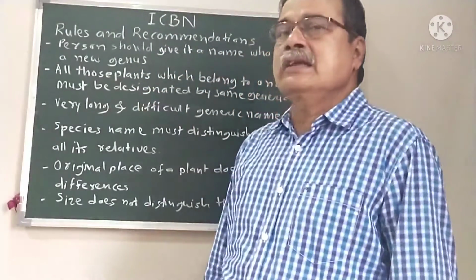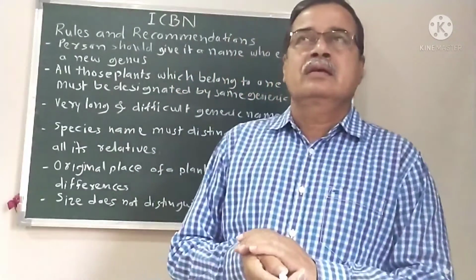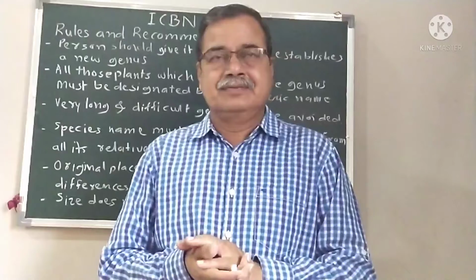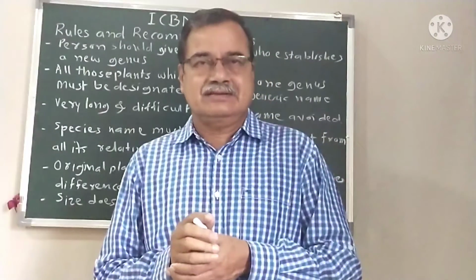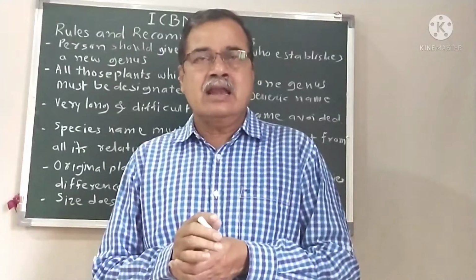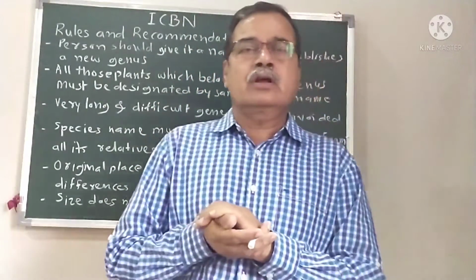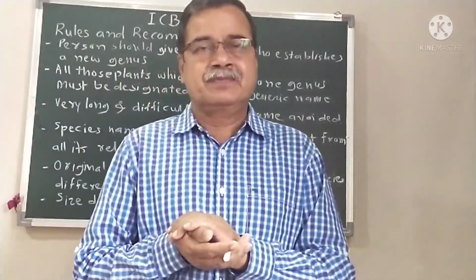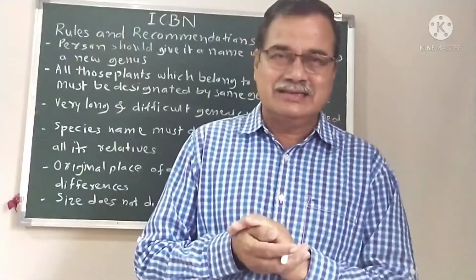In the initial stage, the genus is identified by using the different characteristics of the species. Then, according to the recommendations and rules, he can also give his own name to the genus.